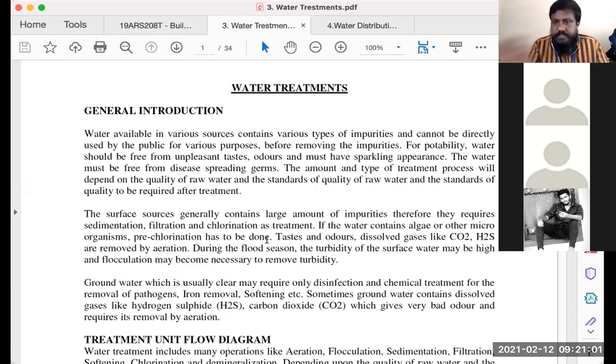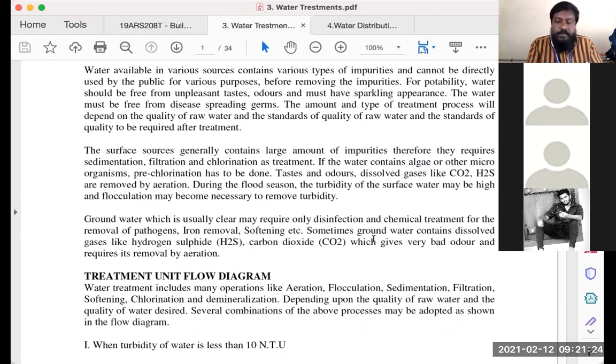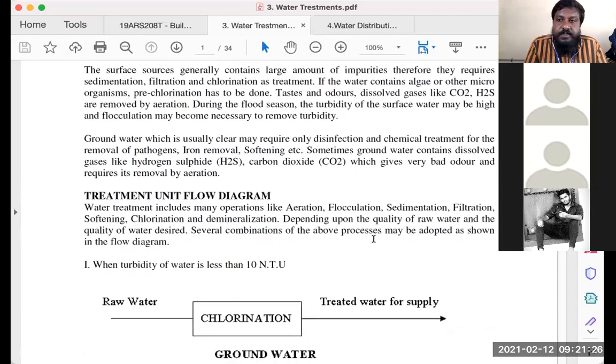And water from any source, on the surface level or subsurface level, will contain algae or microorganisms, dissolved gases, CO2, H2S, minerals, salts. So directly a water can't be used from its sources. Hence, we have to go through a treatment process before using.